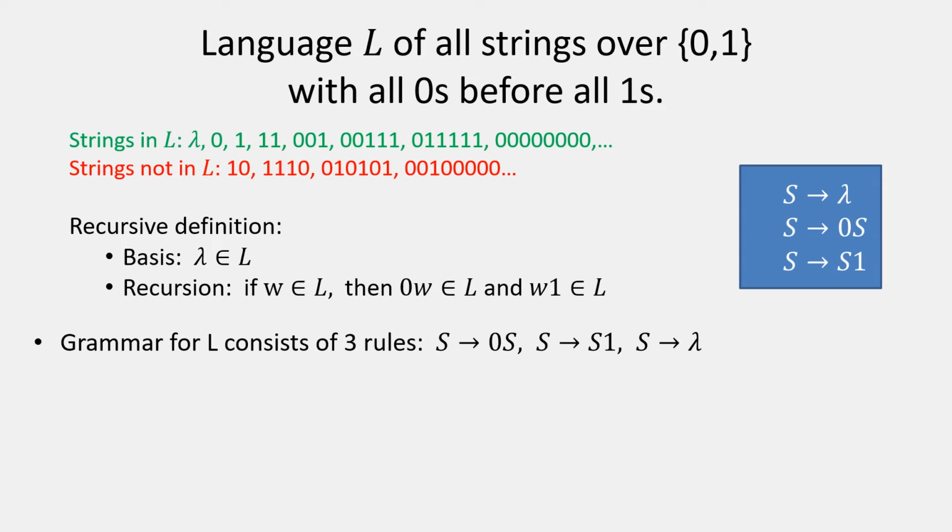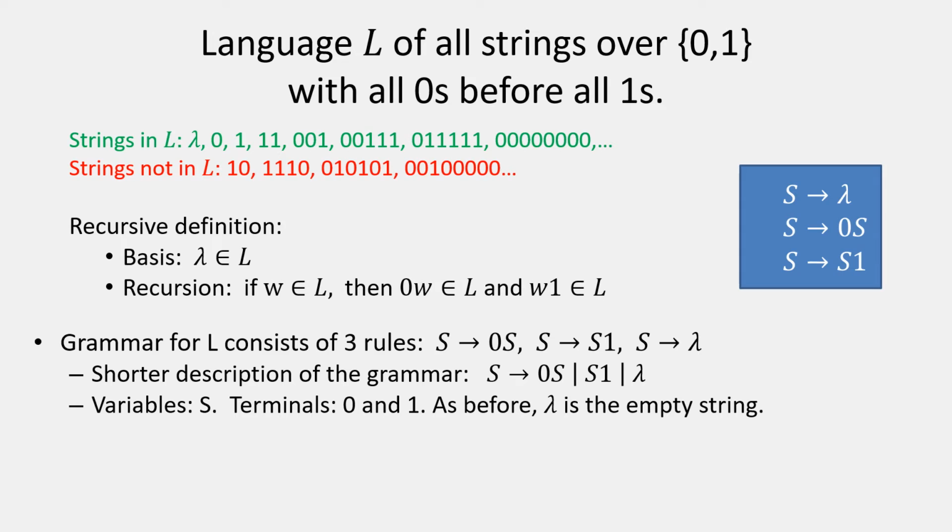It's kind of exactly the same idea as the recursion that we just seen. And similarly, if S opens up into a string, then whatever this S opens up followed by 1 is still a string generated by the grammar.